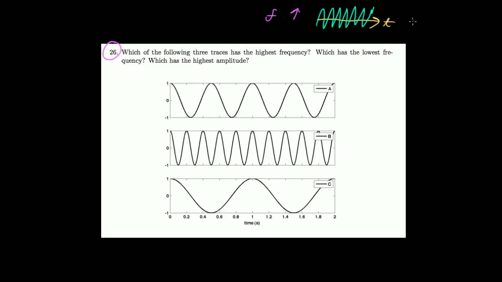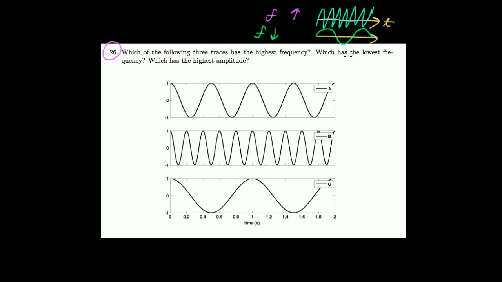However, if I have a low frequency, and again this is time, it means that the signal is going to pretty much not repeat as often. That's basically what frequency means. How frequently does the signal repeat over a given amount of time?